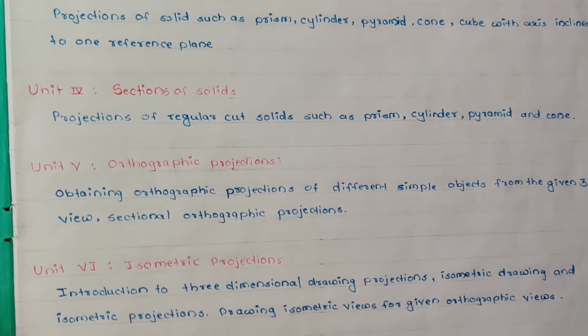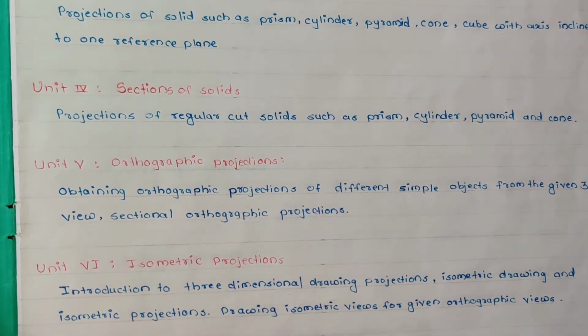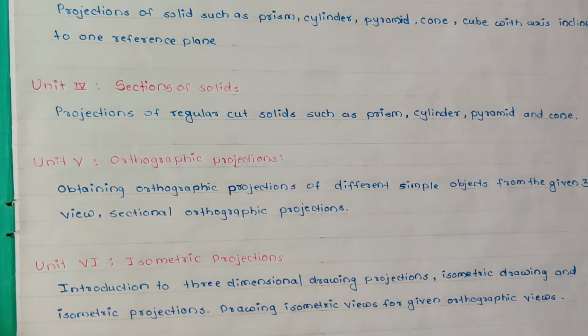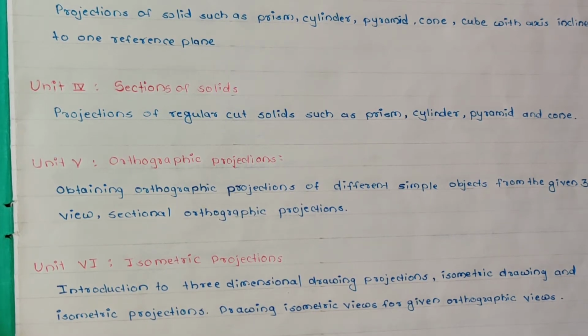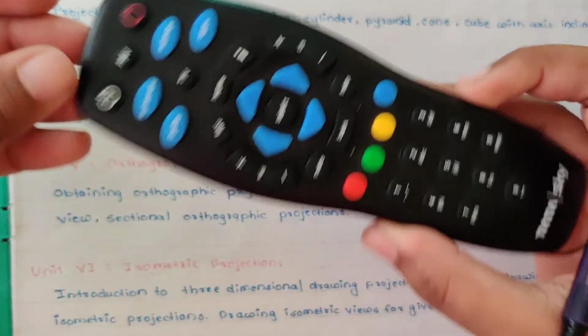Then this is the fifth one, that is orthographic projection. In case of orthographic projections, suppose any component is there, like such a kind of remote.